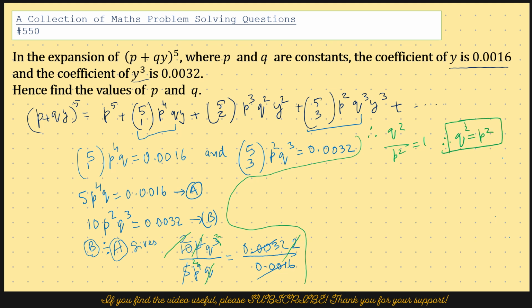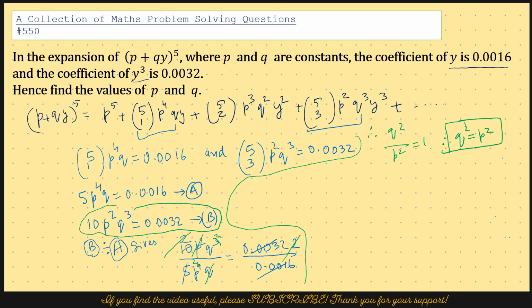So when we get that, we can apply it here in B, because B seems more logical or easier to apply.